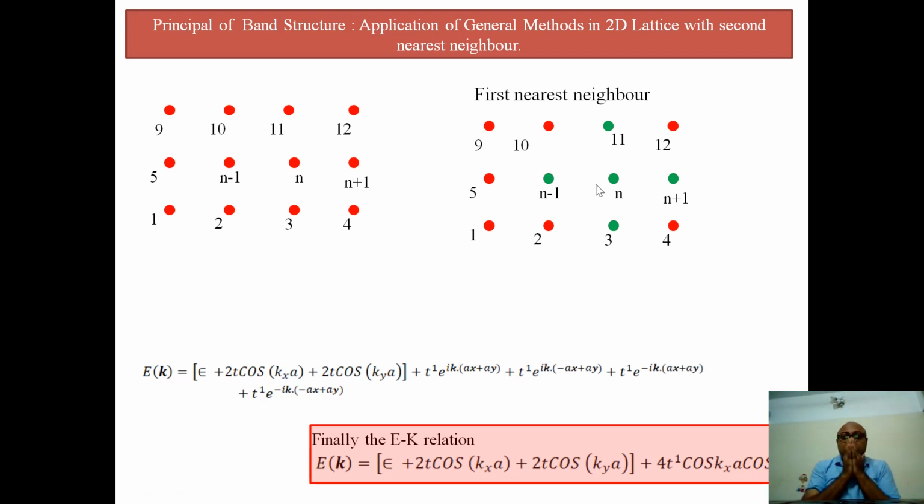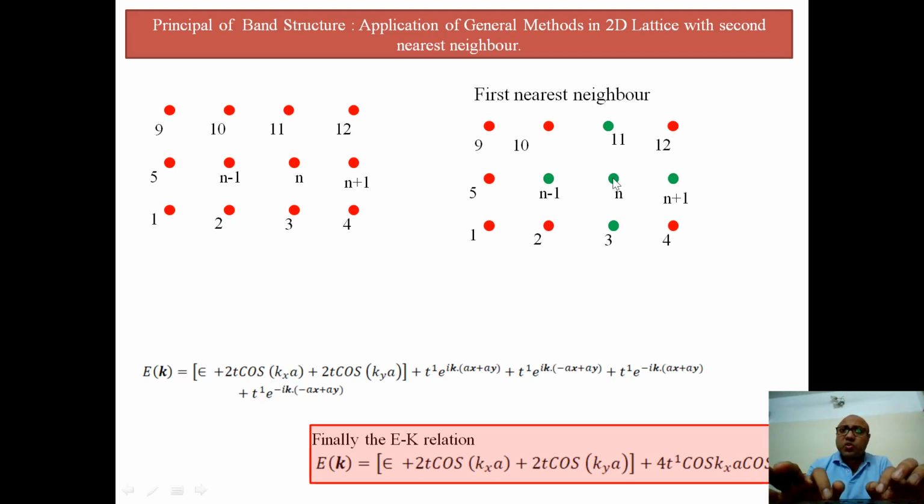Now the question is, for this two-dimensional figure, in one dimension we don't need to consider the contribution of these atoms, because they are separated by n minus 1. They are far away, so the wave function of this one and the wave function of that one are far apart.